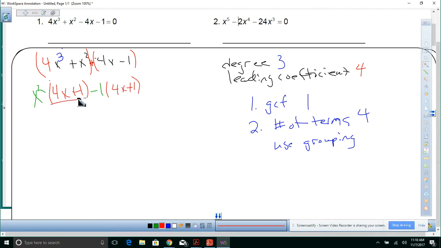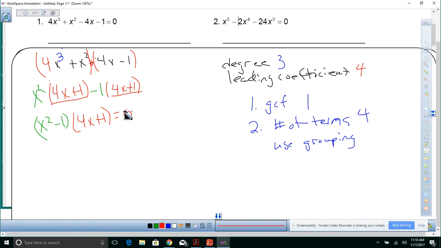Now, because we have 4x plus 1 and 4x plus 1, we can use the reverse distributive property and say that x squared minus 1 times 4x plus 1 would equal 4x cubed plus x squared minus 4x minus 1.